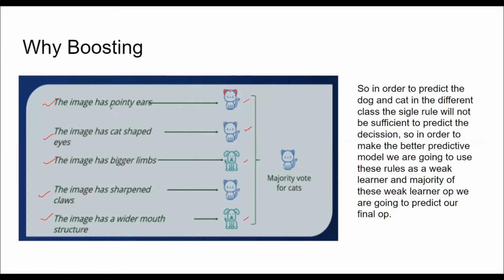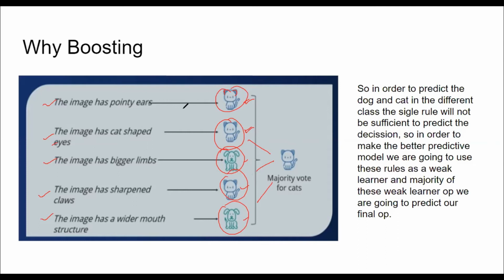See here, five rules I set: first rule, second rule, third rule, fourth rule, fifth rule. Out of five, three rules identify this unknown image as a cat, and two rules say it's a dog. So the majority vote goes to the cat. In this way, our bagging technique is going to work.